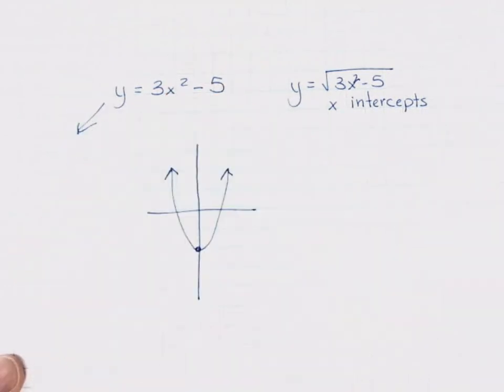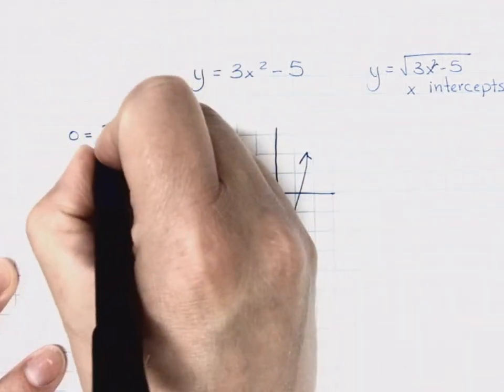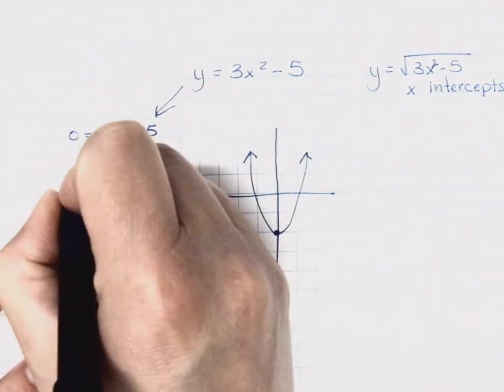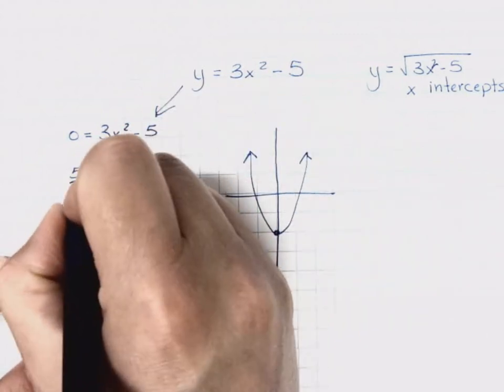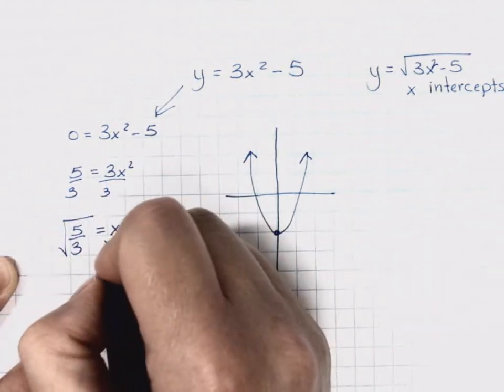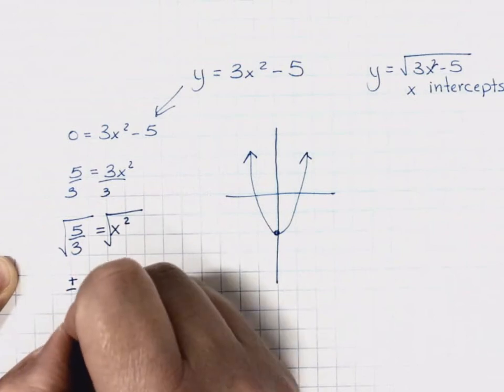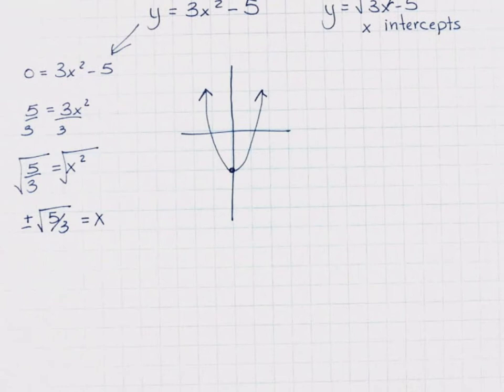I'm not even going to use the quadratic formula. Okay, so where are my roots? One's at positive root 5 over 3, and one's at negative root 5 over 3.